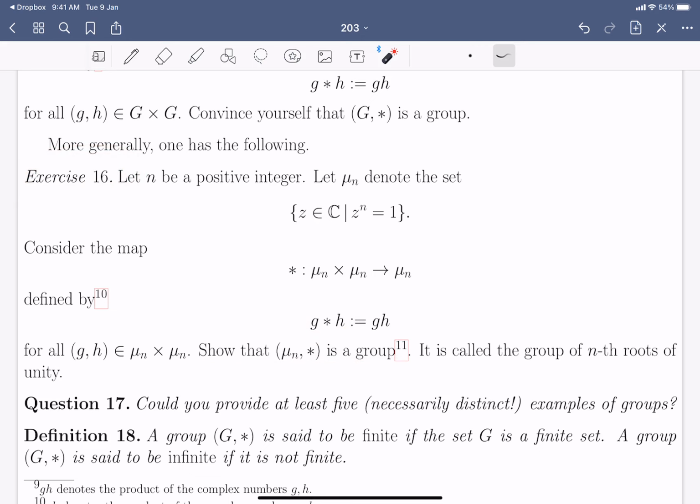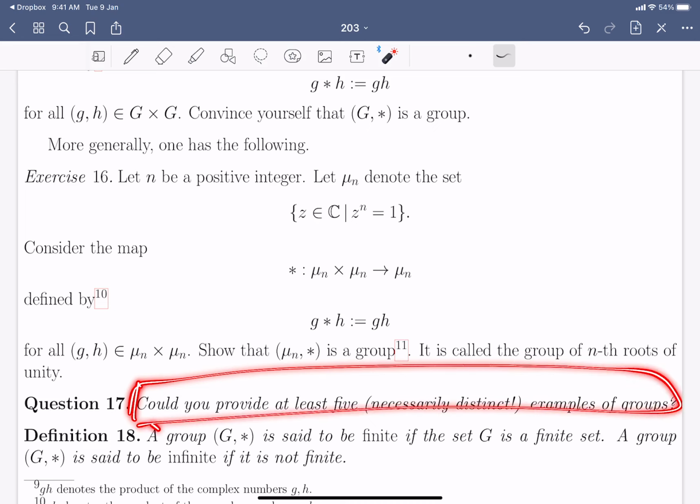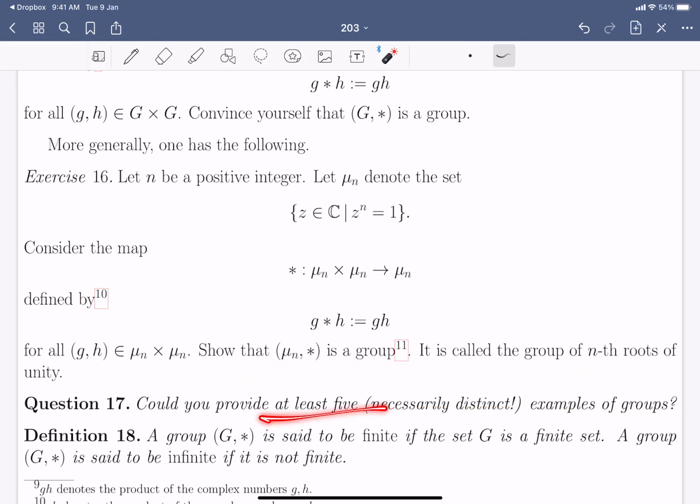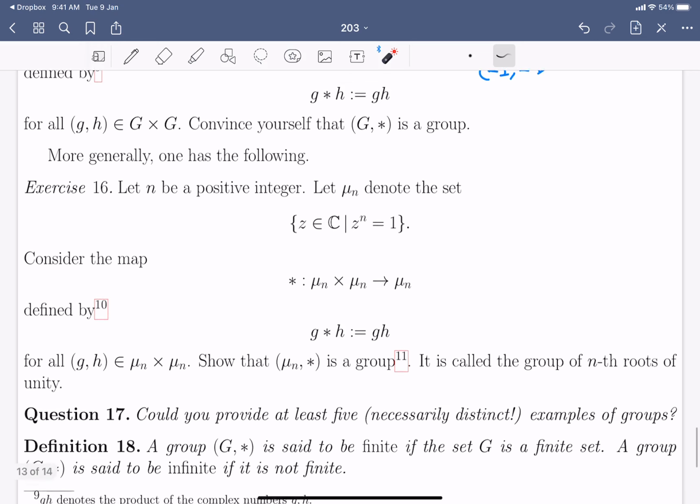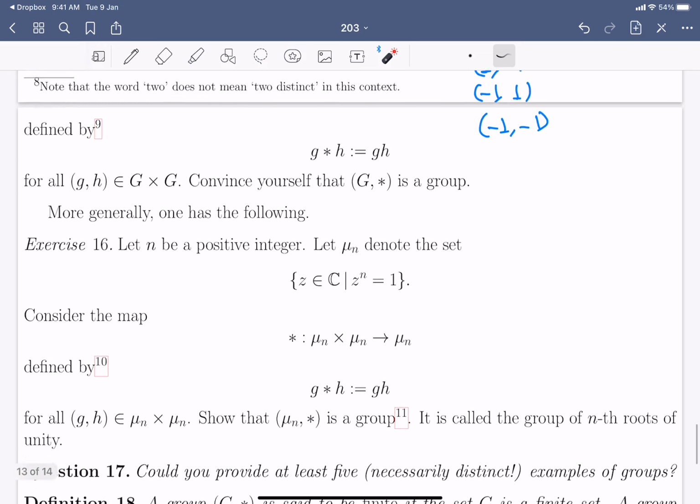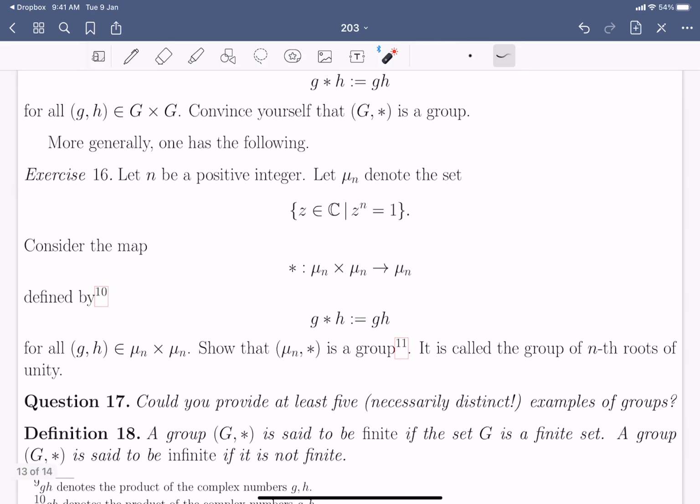Let me end with a few more remarks and questions. Here is an exercise for you: please try to come up with at least 5 distinct examples of groups. Go through these notes at least a few times so that you understand what's going on.